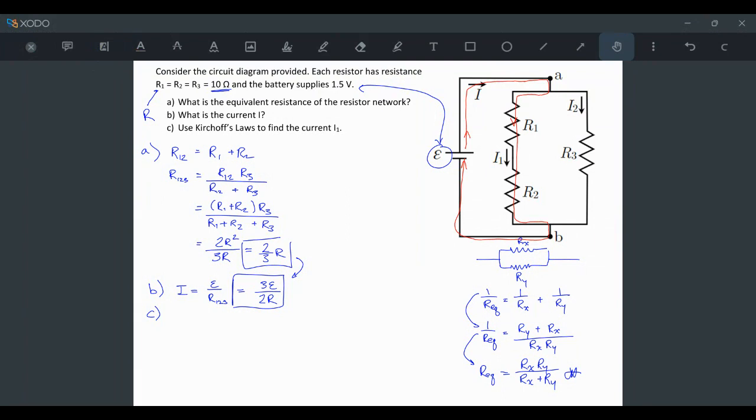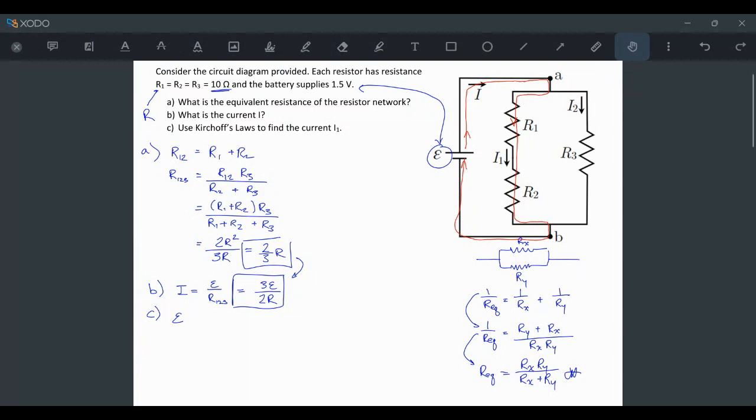So basically what we're doing is we're going to start at the battery, go around the loop, and sum up if the potential goes up or down. And we know that adding these all up, they have to sum to 0. So if you cross the battery, the potential is increased by an amount epsilon.